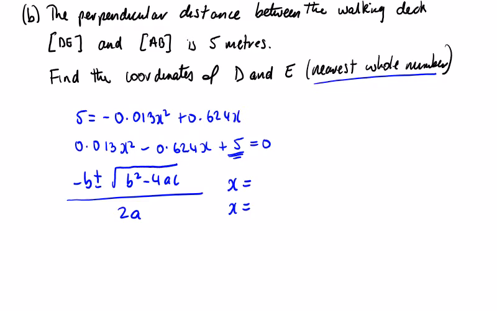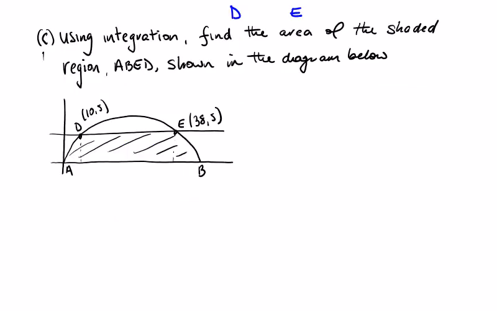I'm going to get x to be 10.1, so 10, and then the other version of it is going to give me 37.8 something, so we're going to get 38. So when x is 10, y is 5, and when x is 38, y is also 5. D is the first one, and E is the second one.